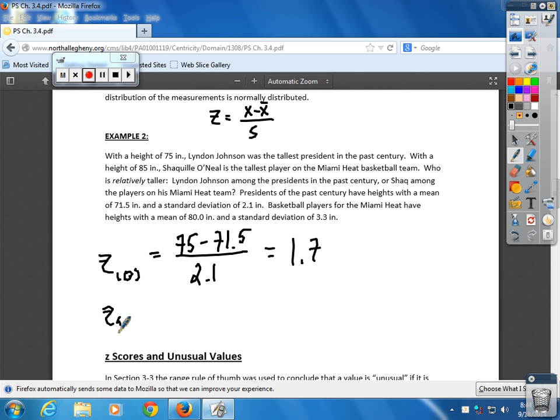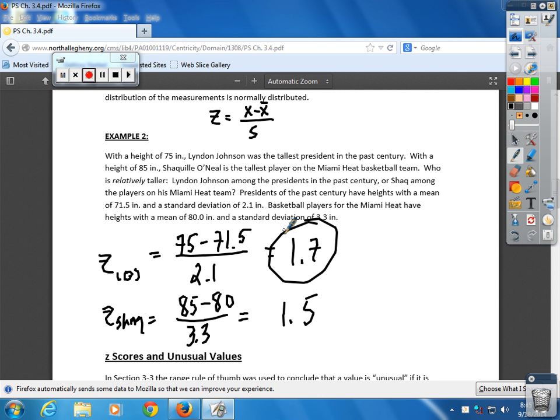Shaq is going to be 85 minus 80 over 3.3. What does that come out to be? 1.5. So who is relatively taller? LBJ.